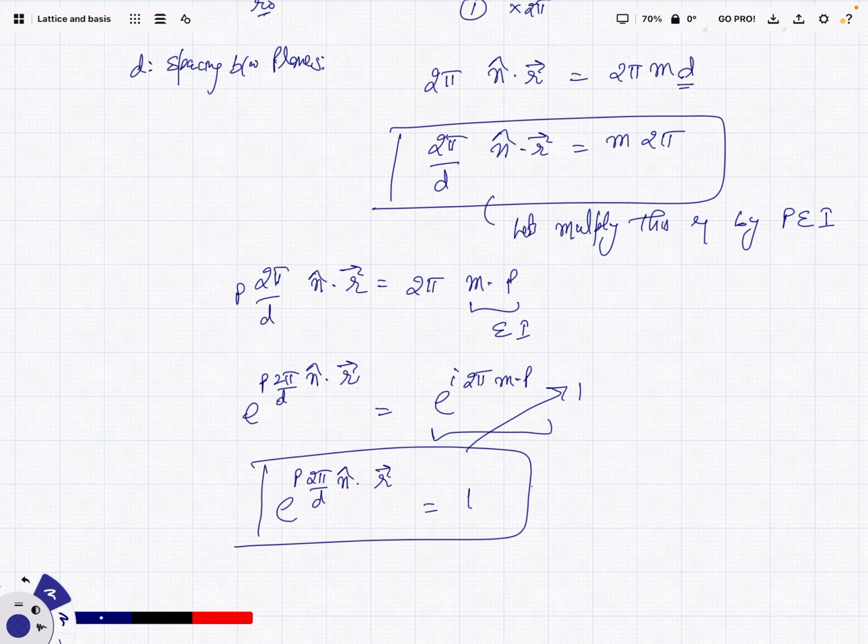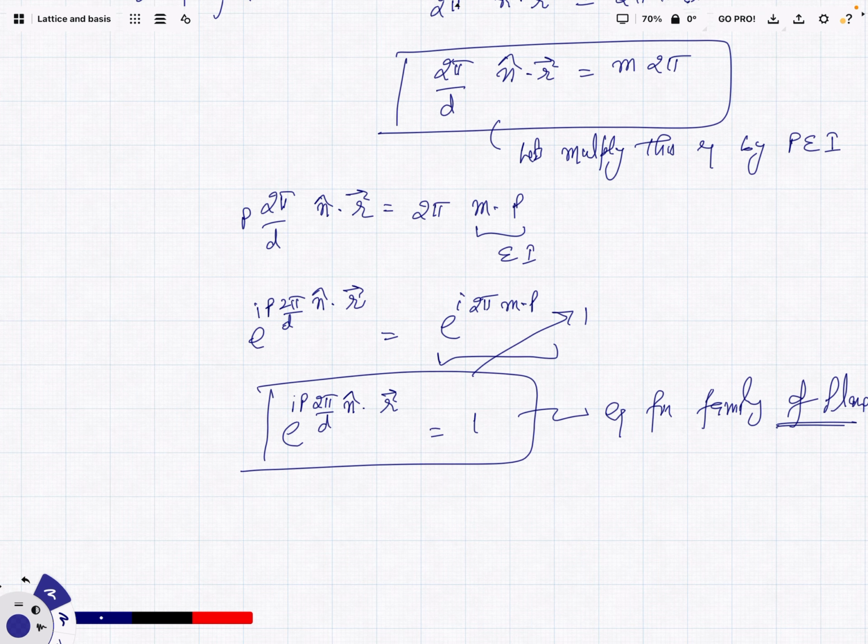Oh yeah, thanks for the correction. Yes, iota should be there. So thanks for the correction. Okay, so this is iota p, where p belongs to an integer. Okay, good. So this is the equation for the family of planes, and I'm happy.